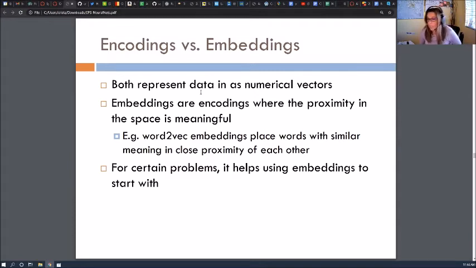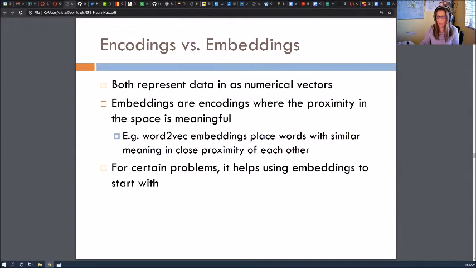Okay. So encodings versus embeddings, this is a little bit of terminology here. Encodings, they both represent data in numerical vectors. Embeddings are encodings, a special kind of encoding where the proximity in the space is meaningful. So an encoding is encoding in ASCII or encoding in whatever. The word embedding is used to denote a specific kind of encoding where the proximity is meaningful.